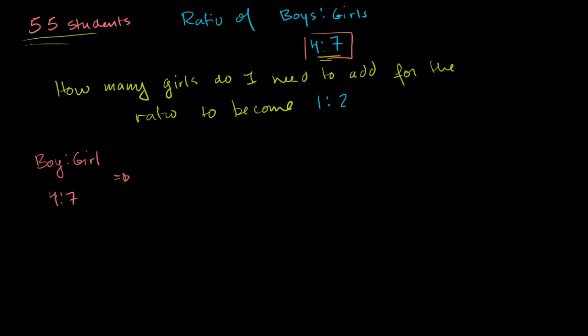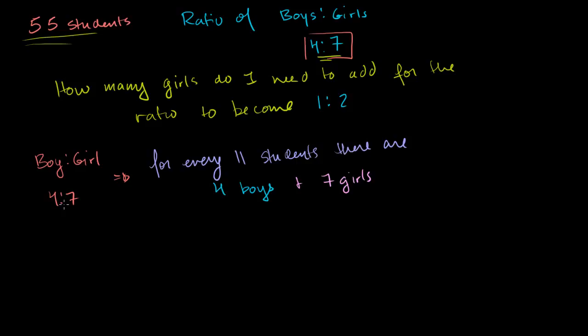That means if you add up these two, for every 11 students, there are 4 boys and 7 girls.